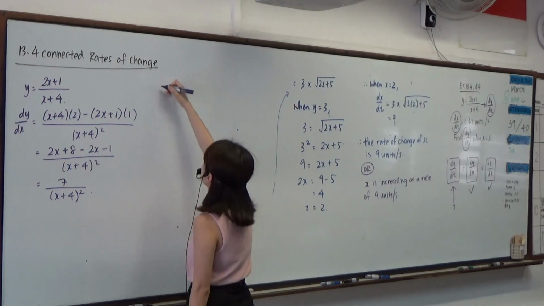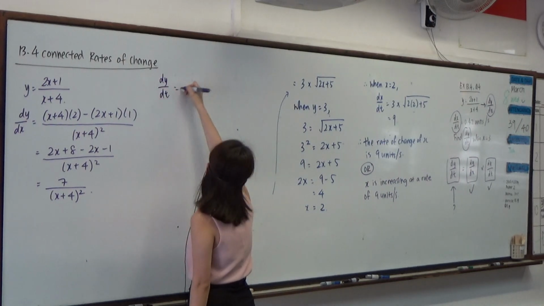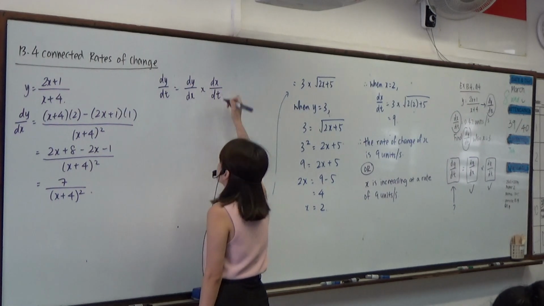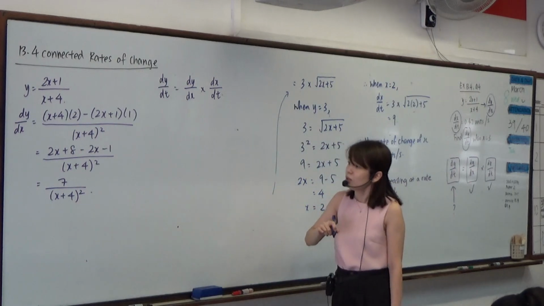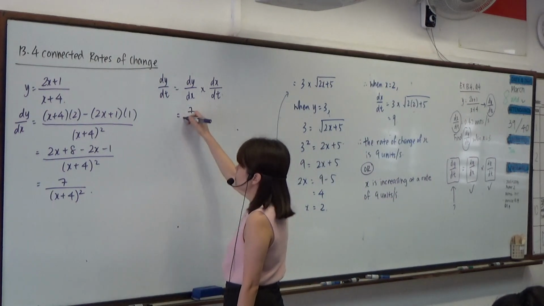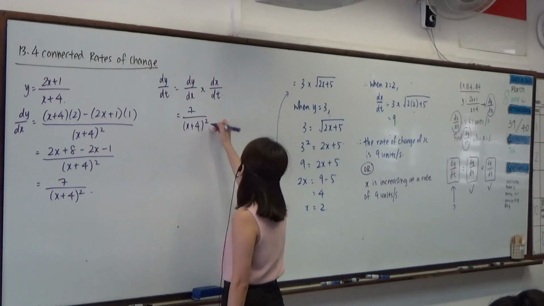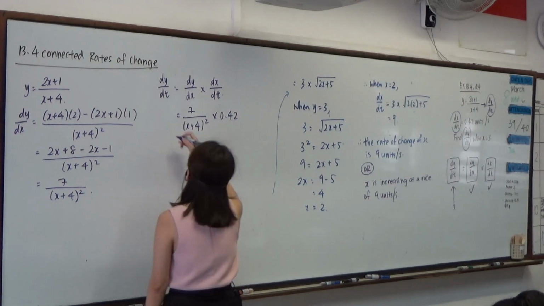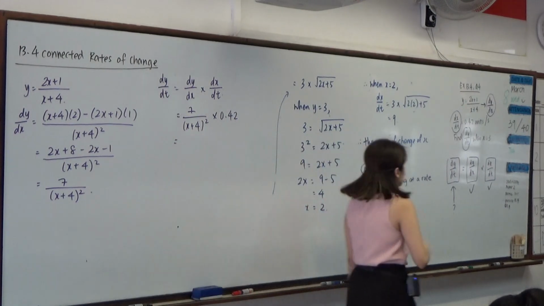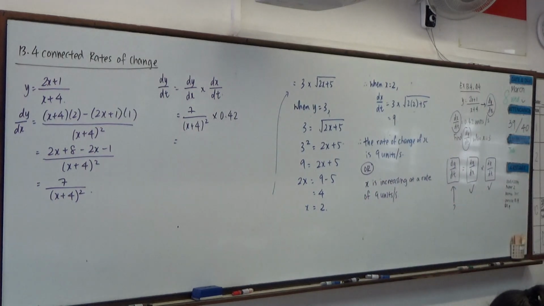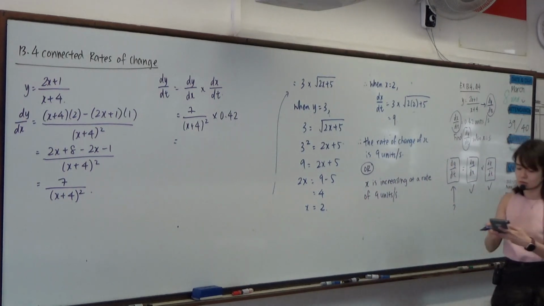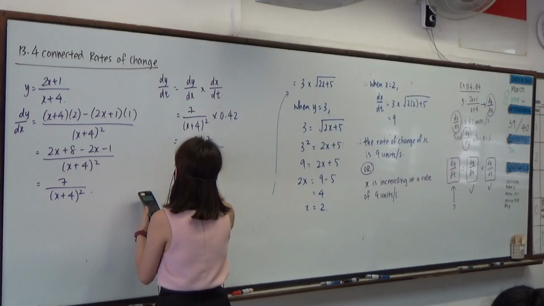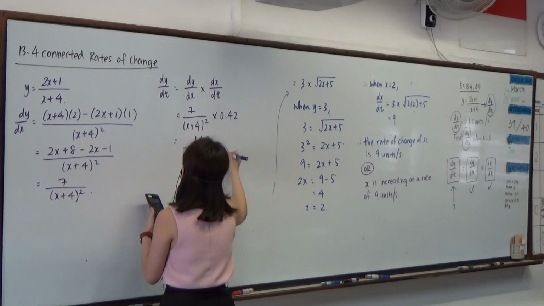Then, using the formula that we figured out, dy over dx is 7 over (x plus 4) squared, and dx over dt, we are given to be 0.42. So 7 times 0.42, you will get 147 over 50(x plus 4) squared.